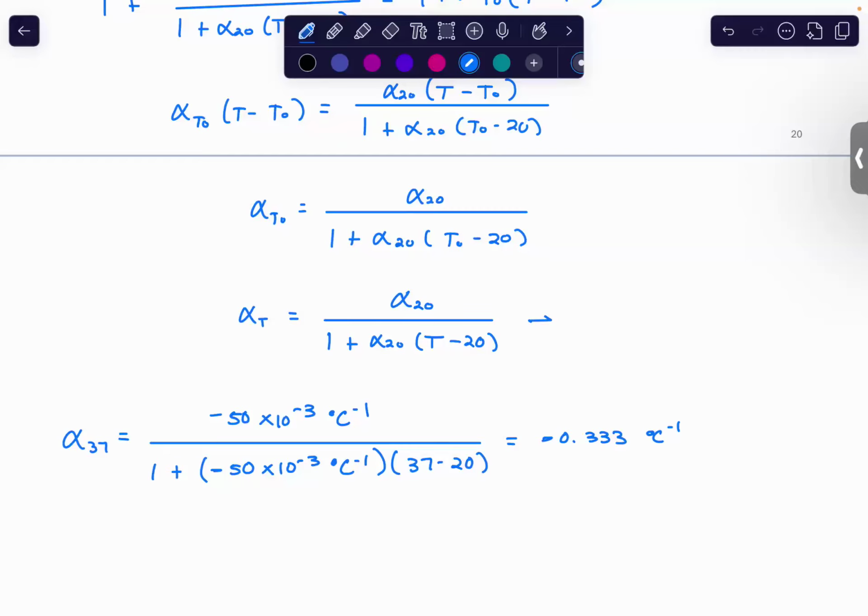And so you could actually generalize this if you wanted to. Alpha at any temperature is going to be 1 plus alpha at your initial temperature, so you could generalize that to any two temperatures.